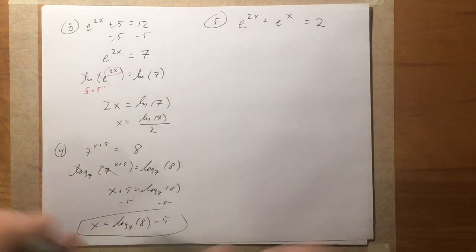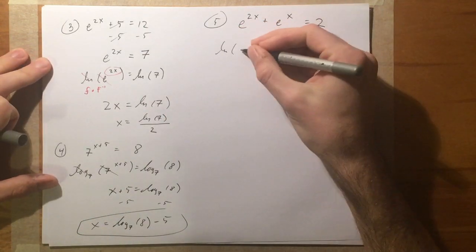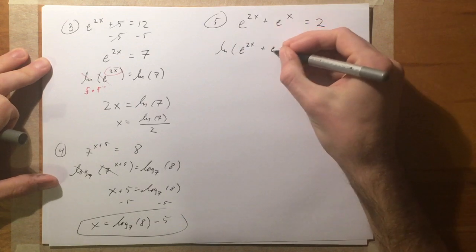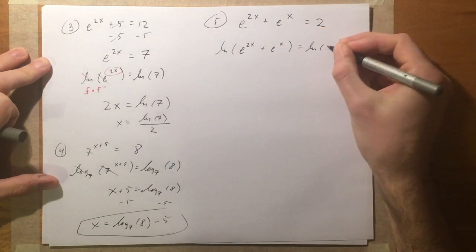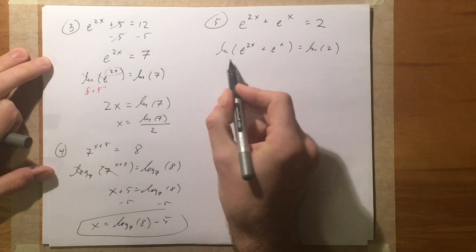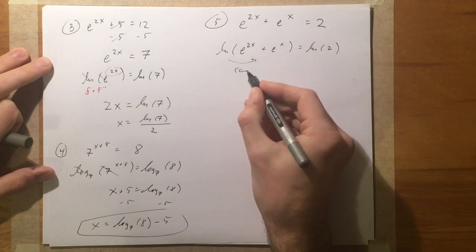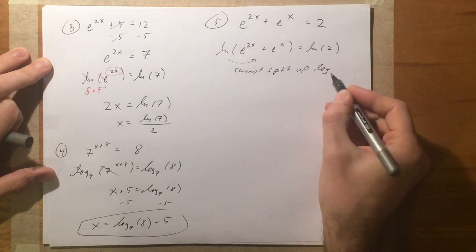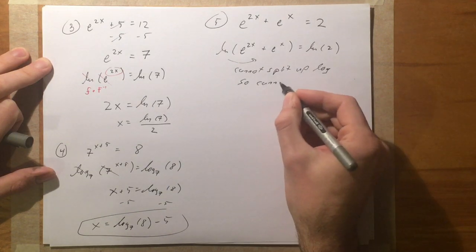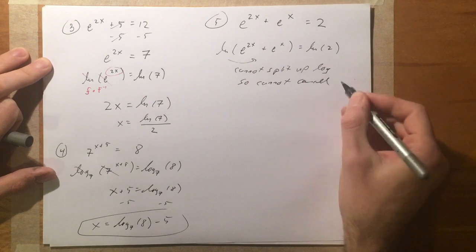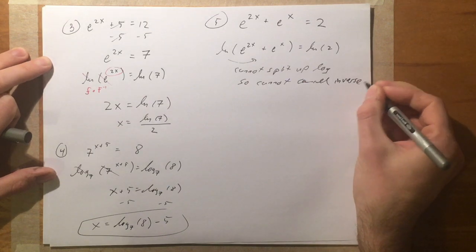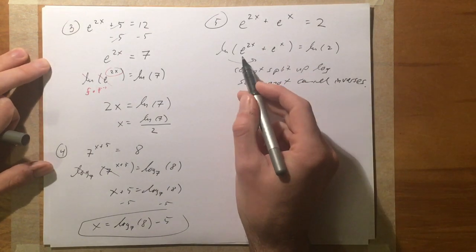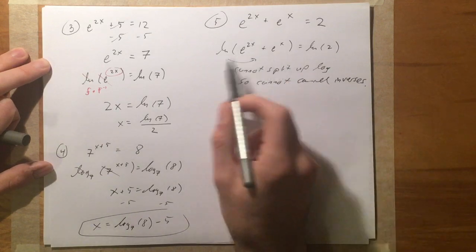And if we do the natural log of both sides, like we did in the previous example, that's a valid step, but now we cannot split up this logarithm, so we cannot cancel inverses. We would only be able to cancel these inverses if we could split the log and do the log of each term individually.